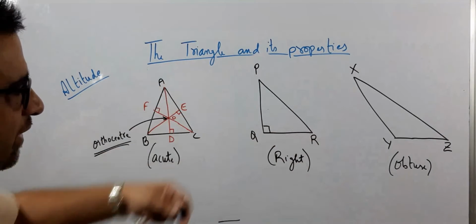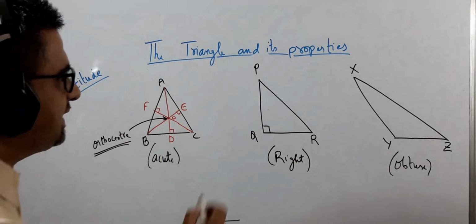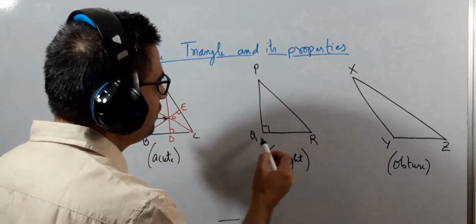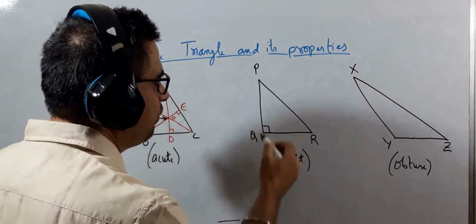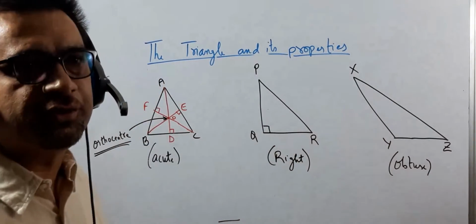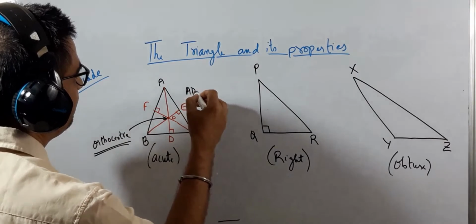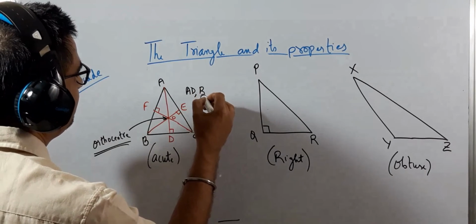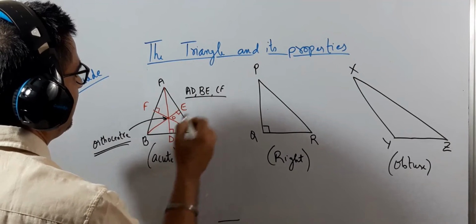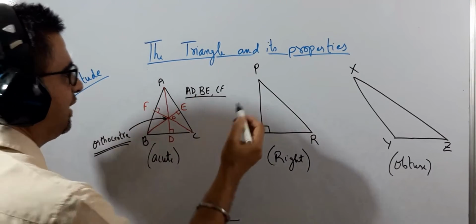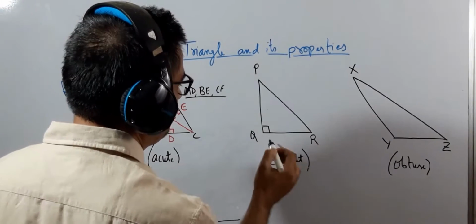Now coming to a right triangle, in this case PQR, we see that PQ is perpendicular to QR already because this is a right triangle. So PQ happens to be the height of the triangle. So in the previous case, we have AD, BE, and CF as the heights or the altitudes of a triangle. In this case, PQ, and because QR is perpendicular to PQ, this is another one.